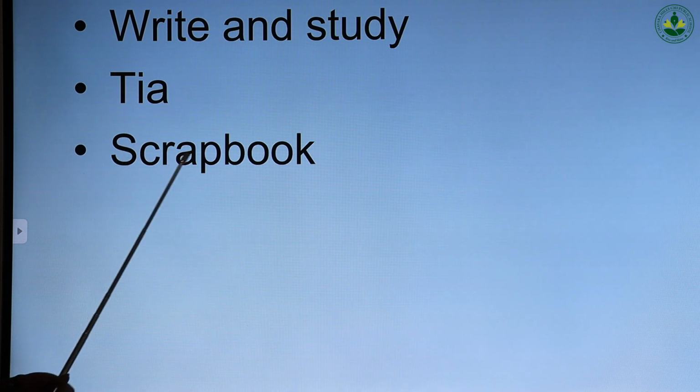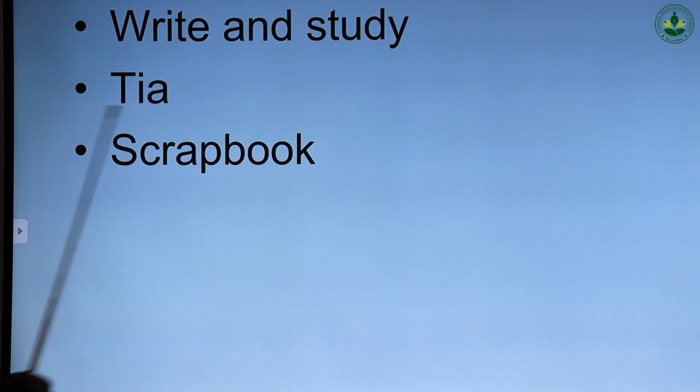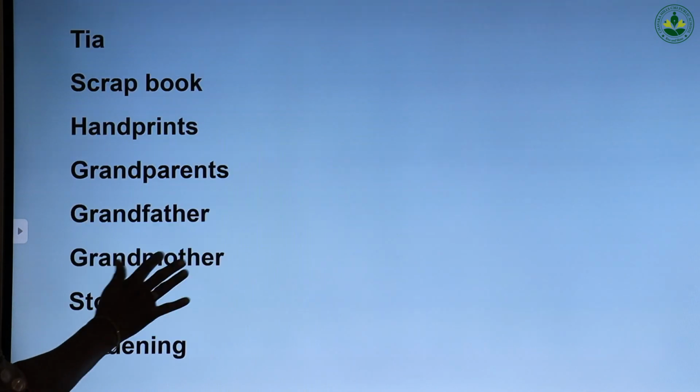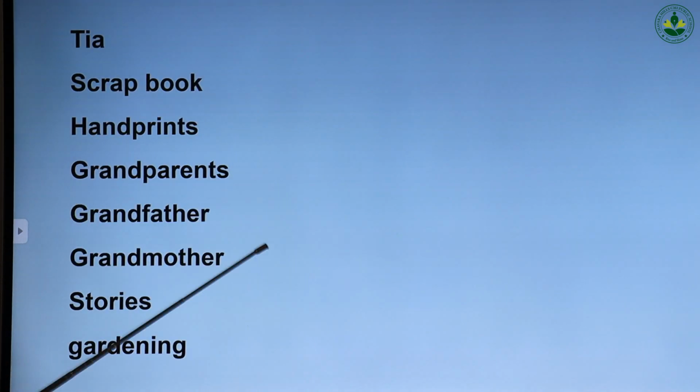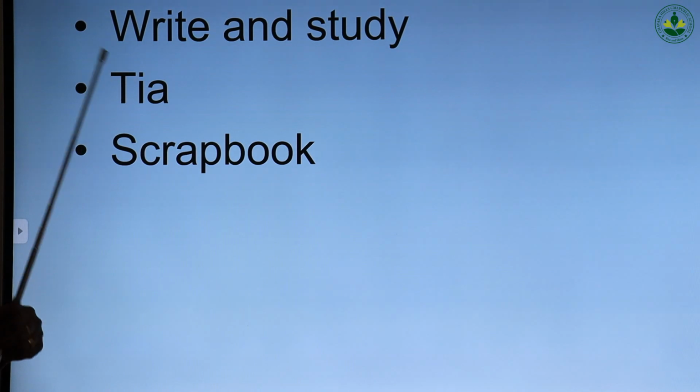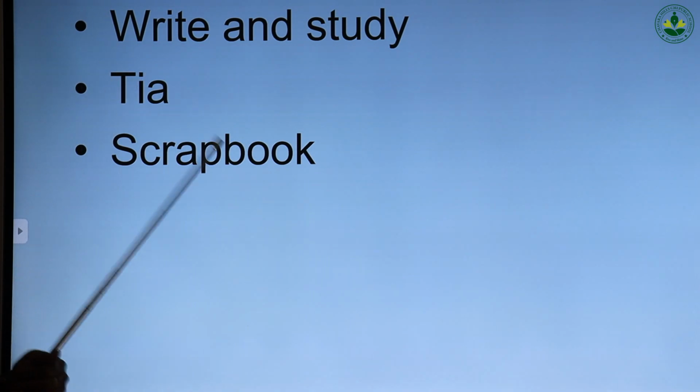Study the spelling of Tia and scrapbook. Then new words you read and study. You have to study how to read these words because these are the new words. Then you have to study the spelling of Tia and scrapbook.